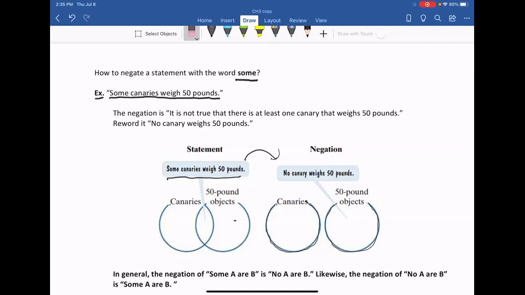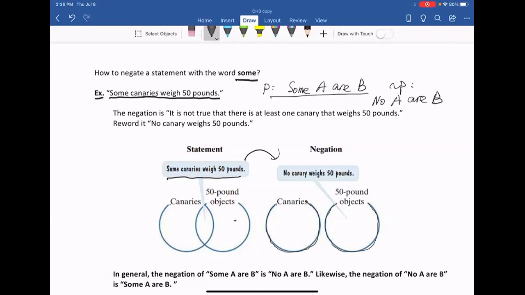So how to understand it? It takes time, and you must spend time to process all of this information. When you see "some A are B", this is a statement P. The negation of P is "no A are B".